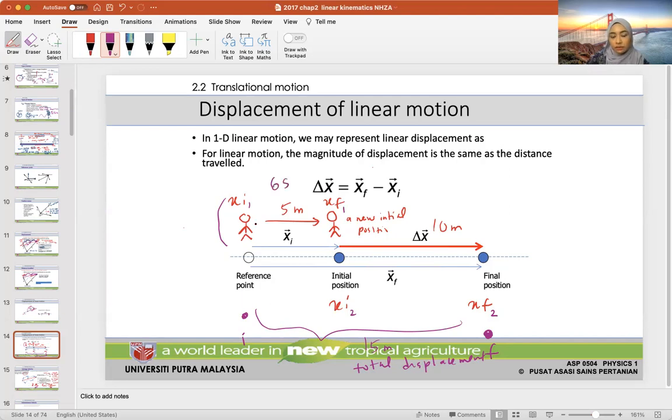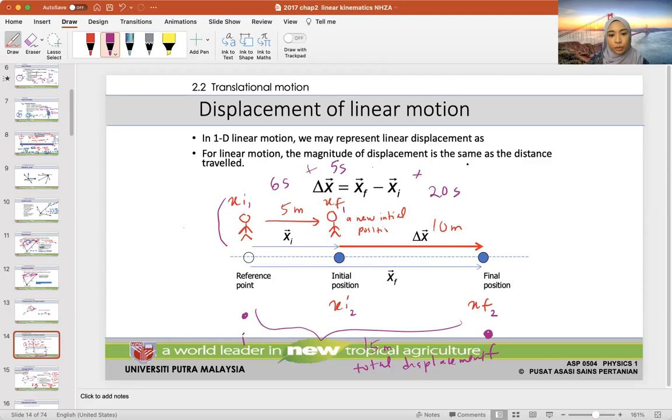So this is Fatihah. Fatihah is moving 5 meters in 6 seconds. And then she moves 10 meters in, she has to slow down here, so maybe 12, no, this is just twice, 20 seconds because she is tired. At first she is fast, then she gets tired. When she is tired she stops for 5 seconds, just briefly. So the total displacement over the total time will include 6 seconds, 5 seconds, 20 seconds.